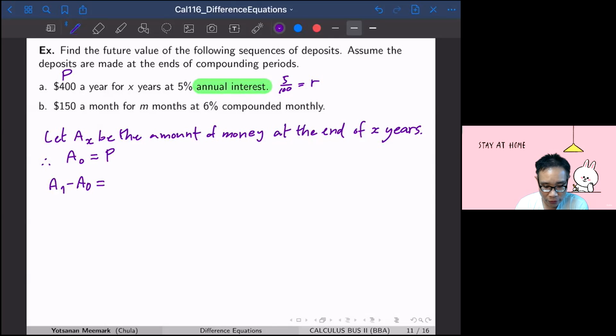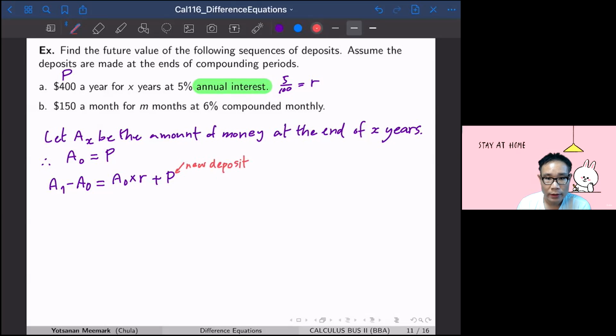At the end of the first year, you're going to have your interest, which is A0 multiplied with R, and you're going to add new money. This will be the new deposit.